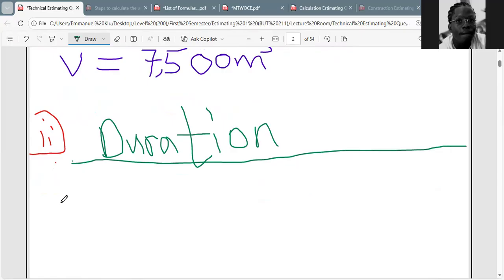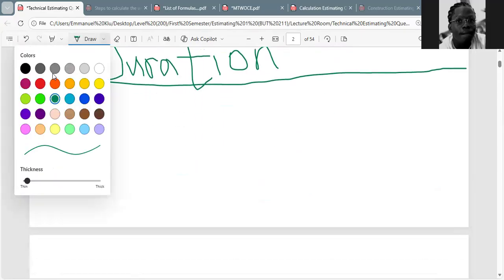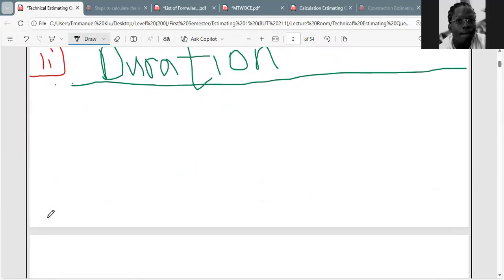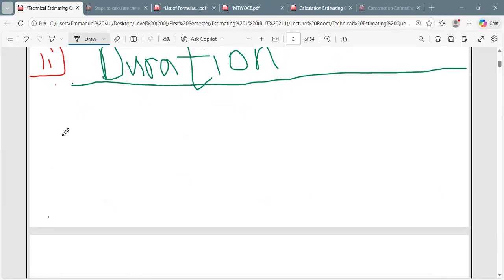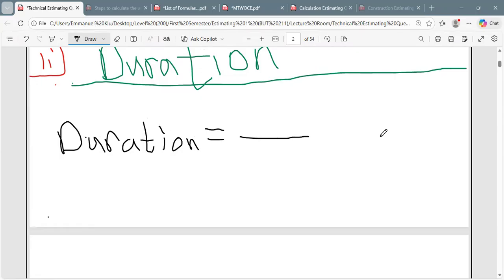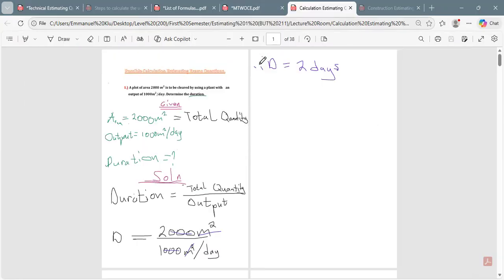Okay. So now we are calculating for the duration. And in this page, what we are going to be doing is, we said our duration is equal to... Come here.